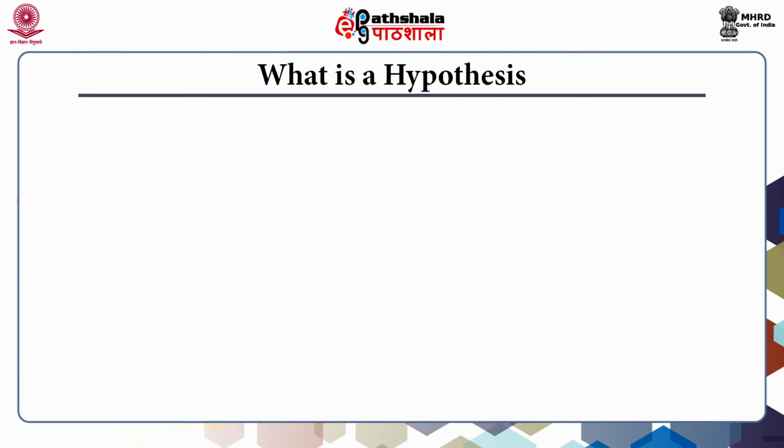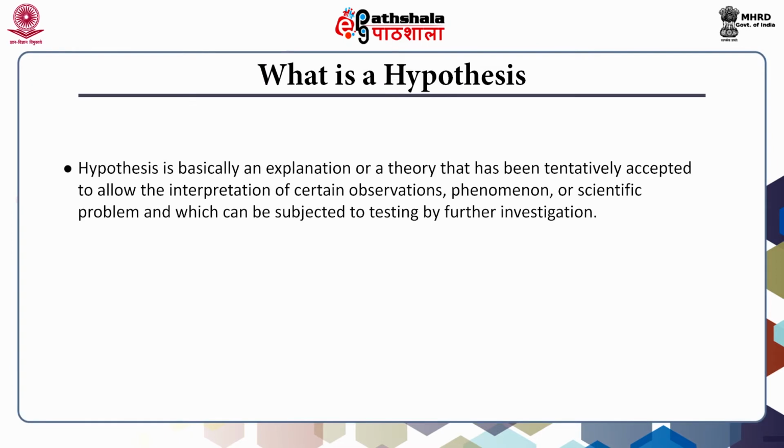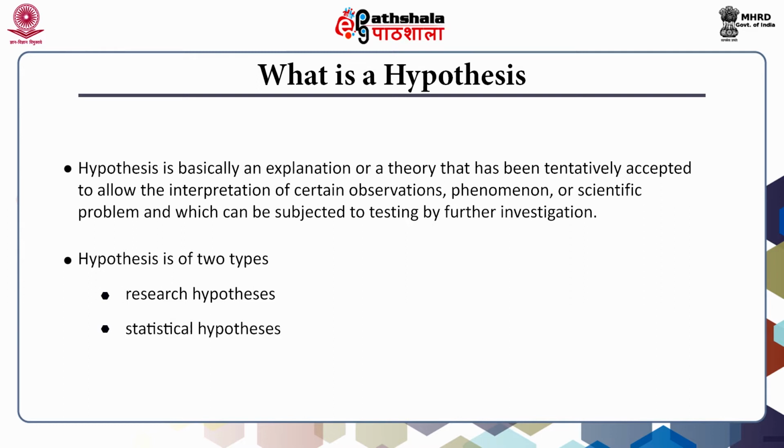What is hypothesis? Hypothesis is basically an explanation or a theory that has been tentatively accepted to allow the interpretation of certain observations, phenomenon or a scientific problem and which can be subjected to testing by further investigation. Hypothesis is of two types, research hypothesis and statistical hypothesis.